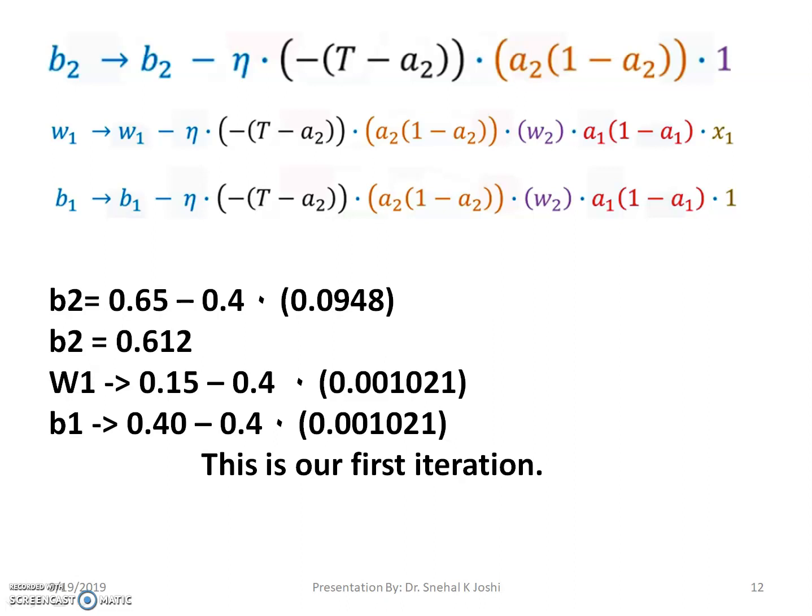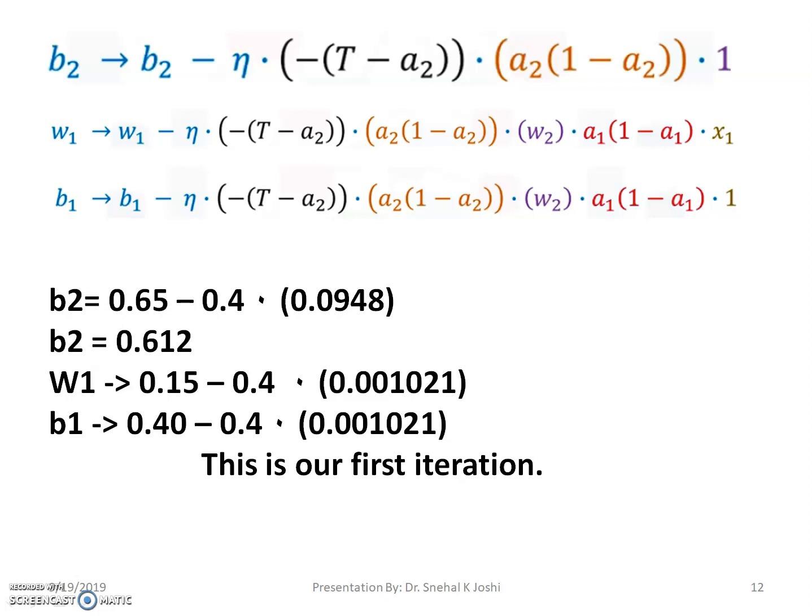We will perform this forward and backward propagation either for a fixed number of iterations or epochs, or until we achieve the threshold error value between ground truth T and predicted value A2. In this example, we consider it as 0.001.